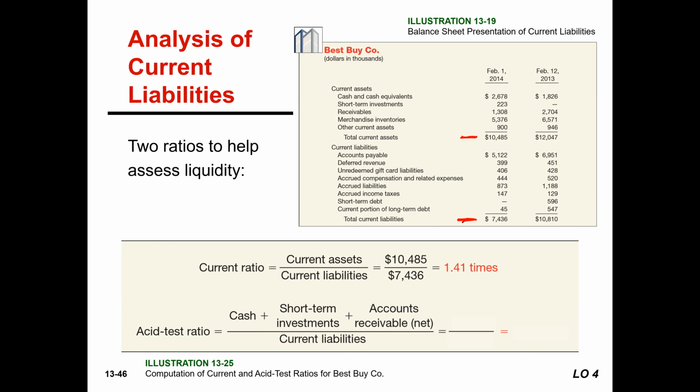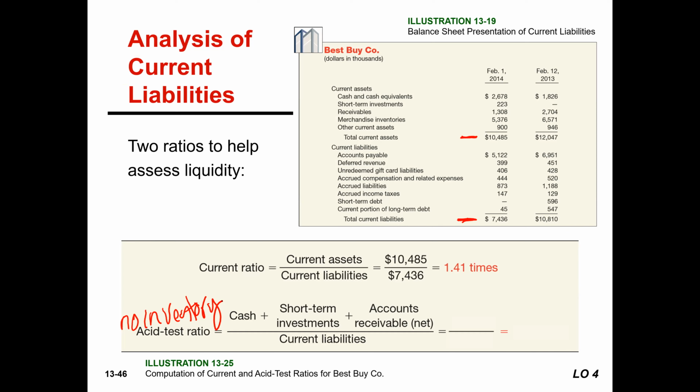And then the acid test ratio. This one is very similar to the current ratio. The denominators are exactly the same. The difference comes in the numerators because with the acid test ratio, we do not include inventory. In the current ratio, we did include inventories and other current assets. In this one, we would not include inventory, and we wouldn't include those other current assets, which are another name for prepaid expenses, right?